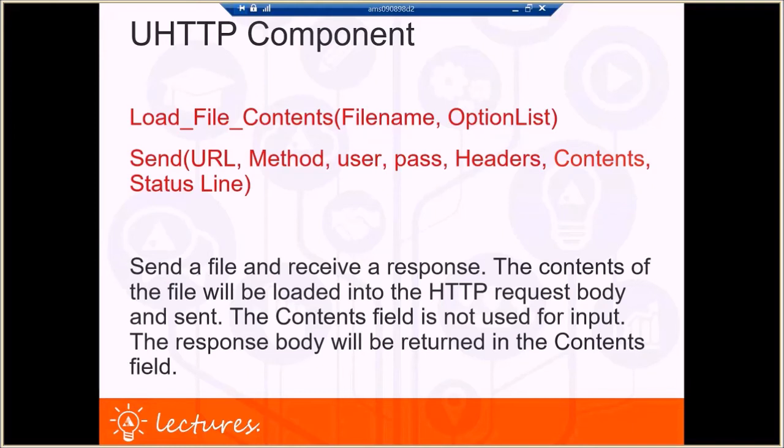Now, once you send your request to the URL, the response comes back, and again the response headers are in the headers parameter, and the contents parameter is now filled with the response from the address that you sent your request to.